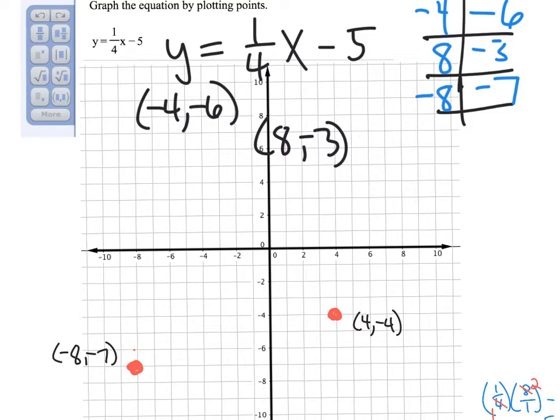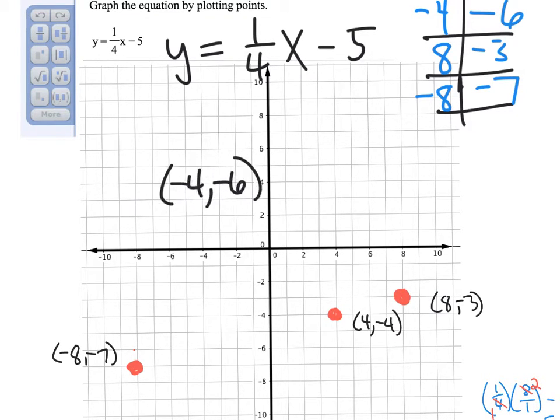There we go. And it looks like we have the beginnings of a line, but let's find out, because you don't really know until you've graphed at least 3 points. So 8, -3 is going to be right here. 8, -3. And it sure looks like we have the beginnings of a line. Let's do this last one. See why we did 4, just to be sure?